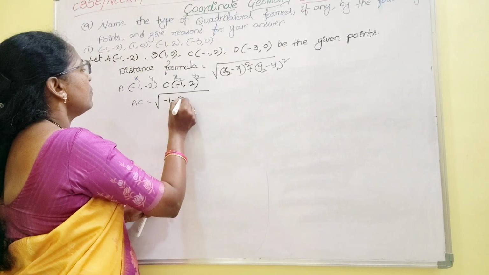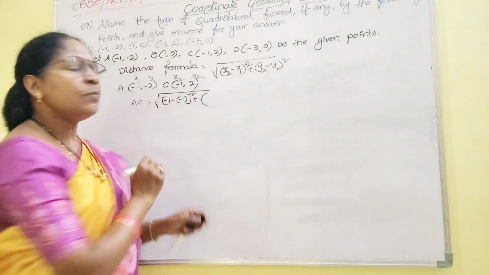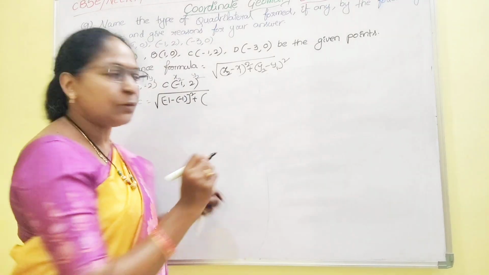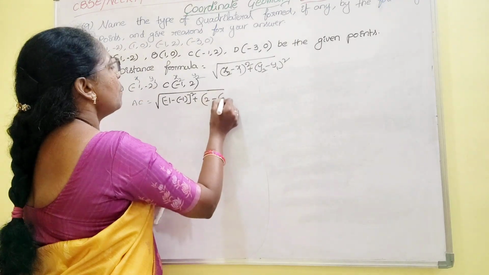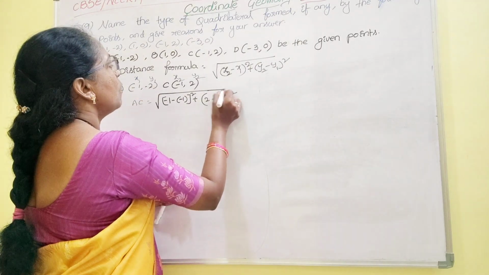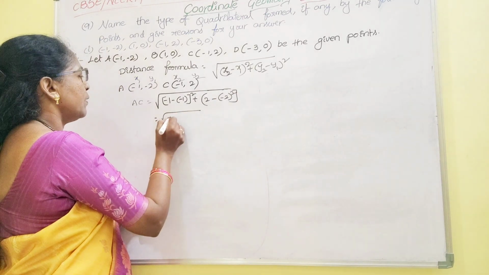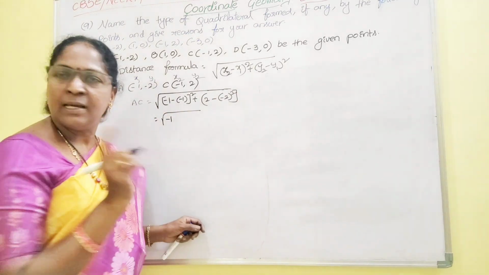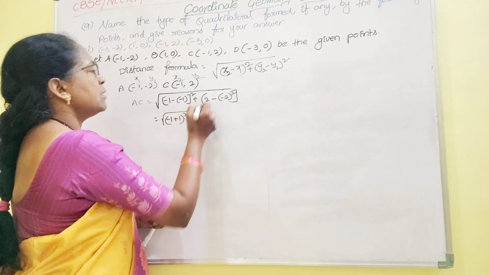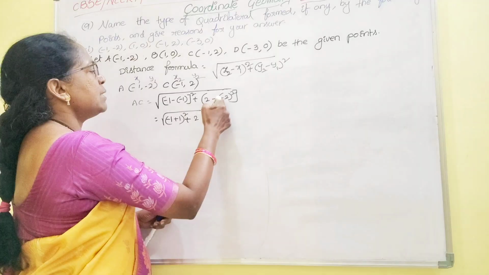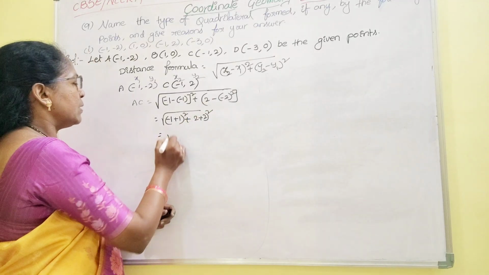So minus of minus 1 whole square plus y2 minus y1, where y2 equals 2 and minus y1 is minus 2. So minus of minus 2 whole square, that equals square root of minus 1 minus into minus plus 1 whole square plus 2 minus into minus plus 2 whole square.